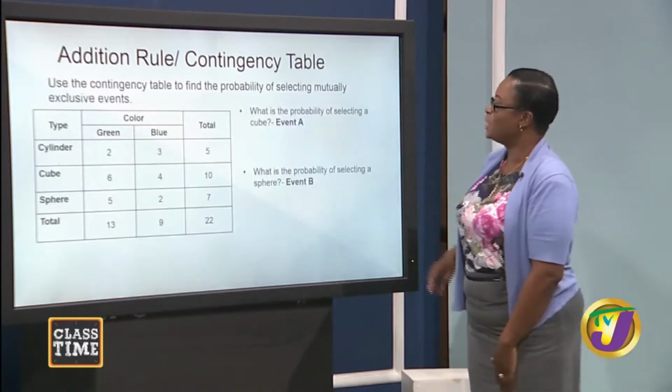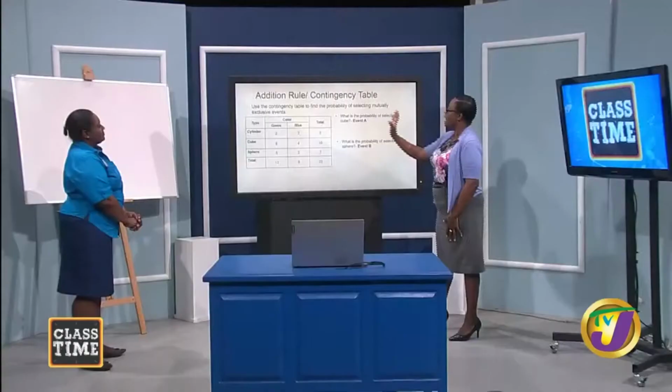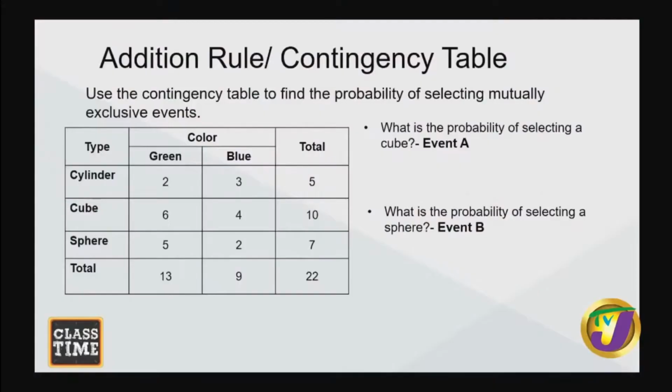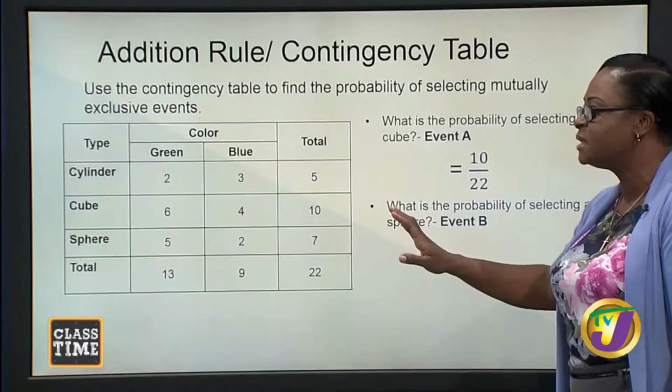Okay, let us see what happens. So, of course, we have our contingency table, and as we had discussed before, we would select event A, in our case, selecting the cube. And the probability of selecting the cube would be 10 out of 22. And event B would be the sphere.